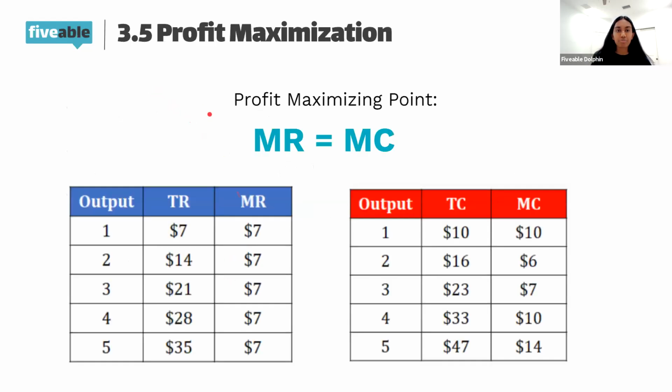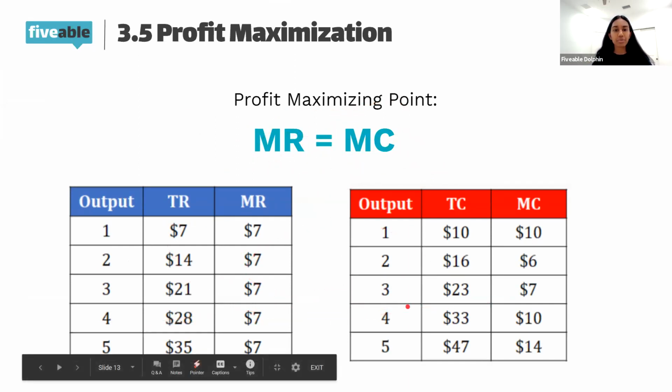And lastly, we have profit maximization. This is a really important rule to know because it applies in future units as well, like when we talk about different types of market structures. The profit maximizing point is when MR equals MC, so marginal revenue equals marginal cost. These two tables show that pretty well.